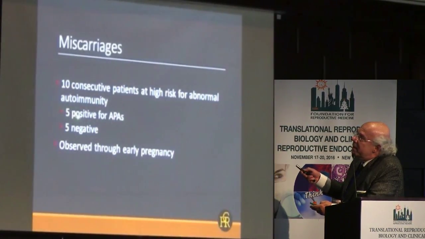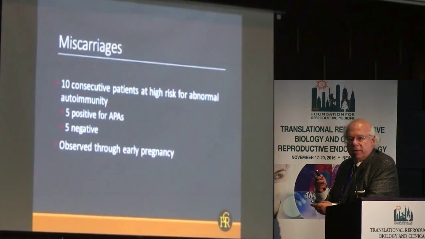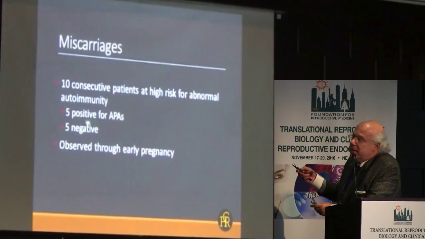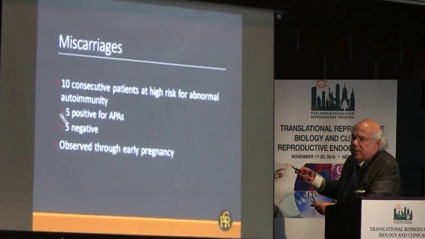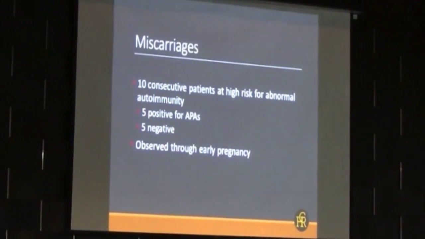What does this mean? That when you have a patient who already has clear evidence of autoimmunity, that autoimmunity will at best remain the same and more likely flare. But even patients who are negative when you test them before they are pregnant will still, with pregnancy, show significant abnormalities if they are in an active phase.